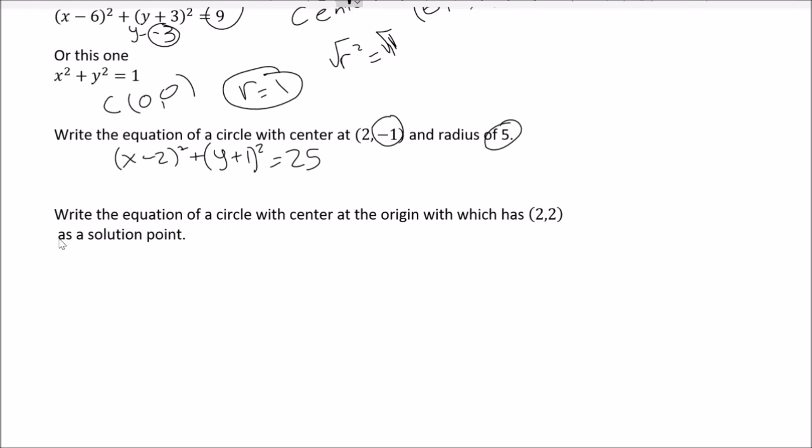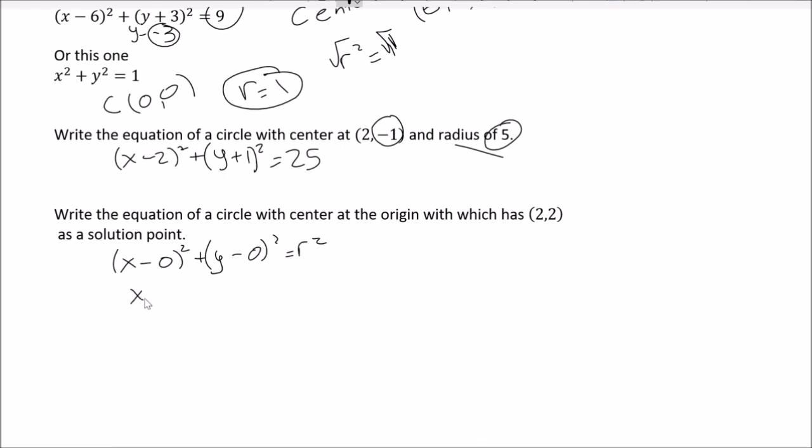So do you notice what piece of information seems like it's missing right now? Normally, we would need to know the radius. It's not given. We can actually figure it out. So what do I know about a circle that's centered at the origin? That would be x minus 0, quantity squared, plus y minus 0, that's the origin (0, 0), squared equals, I don't know the radius, so r squared.